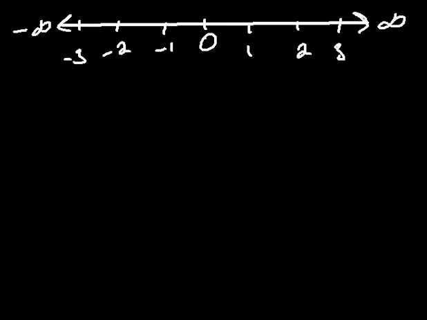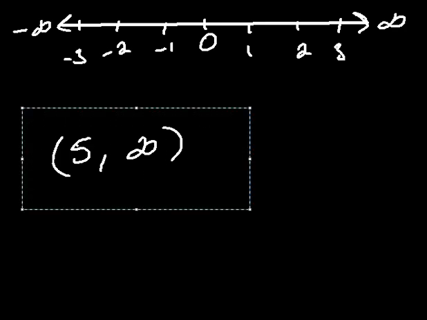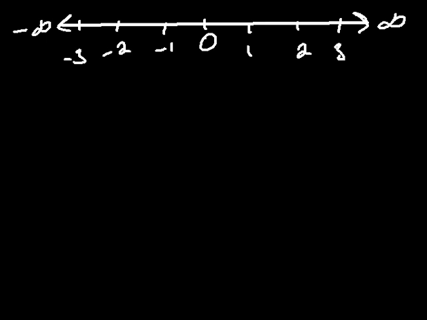And let's say we have something like 5, infinity. So this is a typical unbounded interval, and it's starting from 5 up to positive infinity. Actually, it should be 5 up to positive infinity, like that.